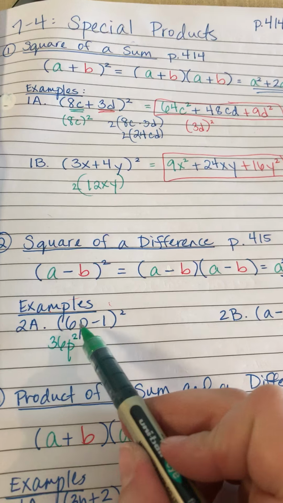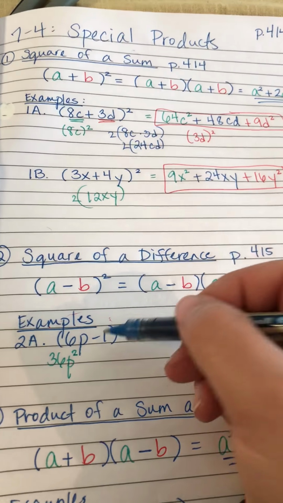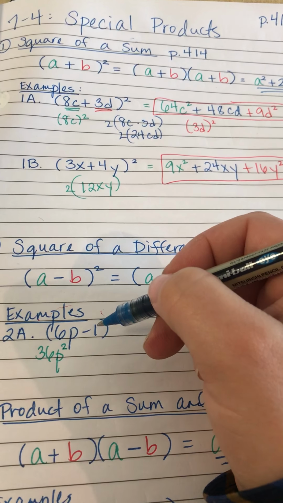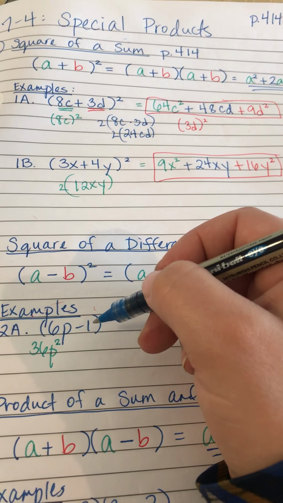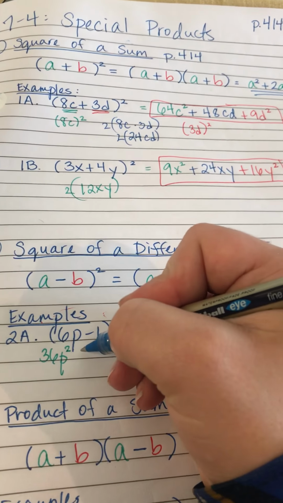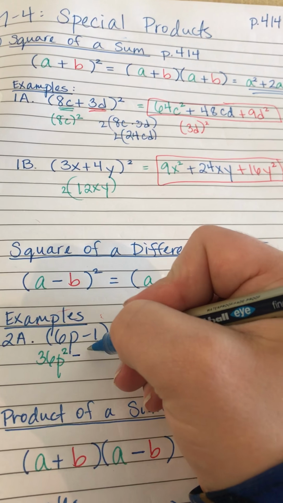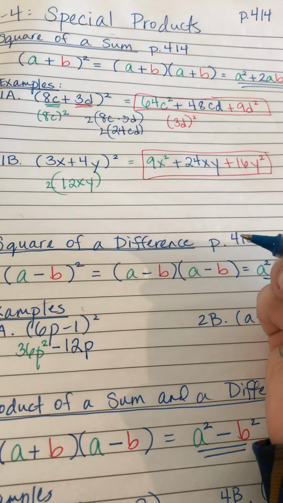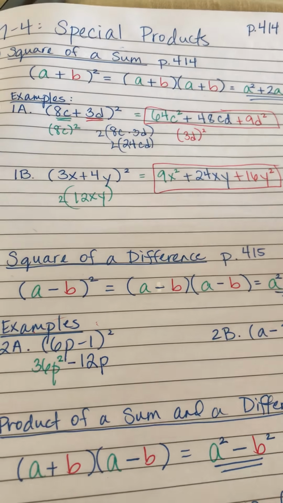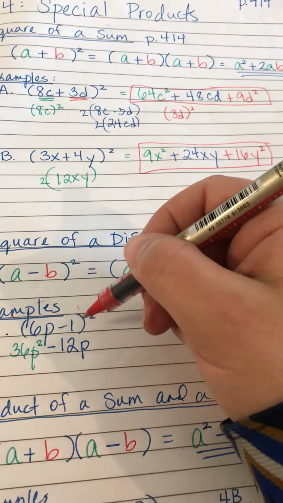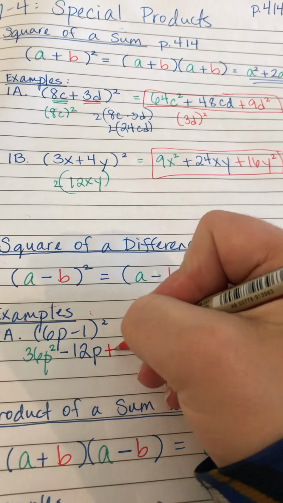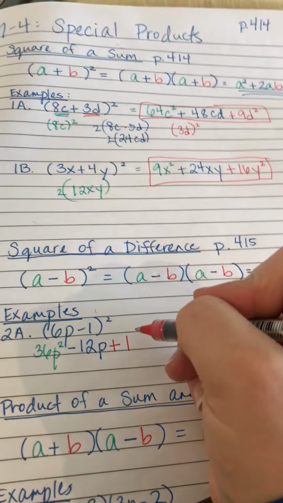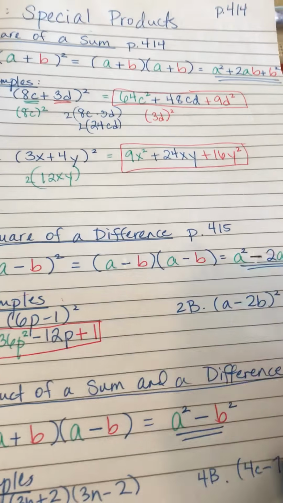Then we're going to multiply 6p and negative 1, or 6p and 1. 6p multiplied by 1 is 6p, and then times 2 would give me 12p, but I'm going to put minus this time, so negative 12p. And then the last term would be your last number squared, so it's going to be plus, and 1 squared would just give you 1. So this would be your final answer here.